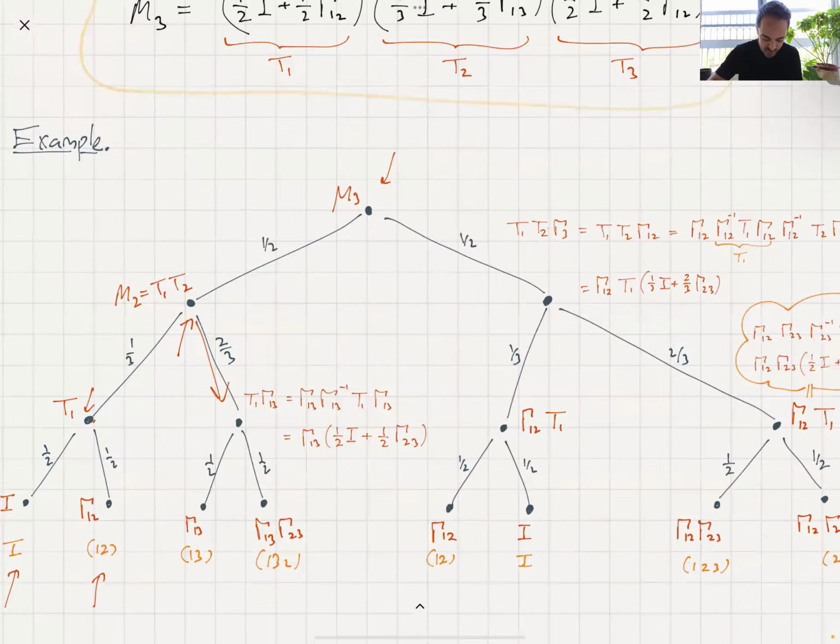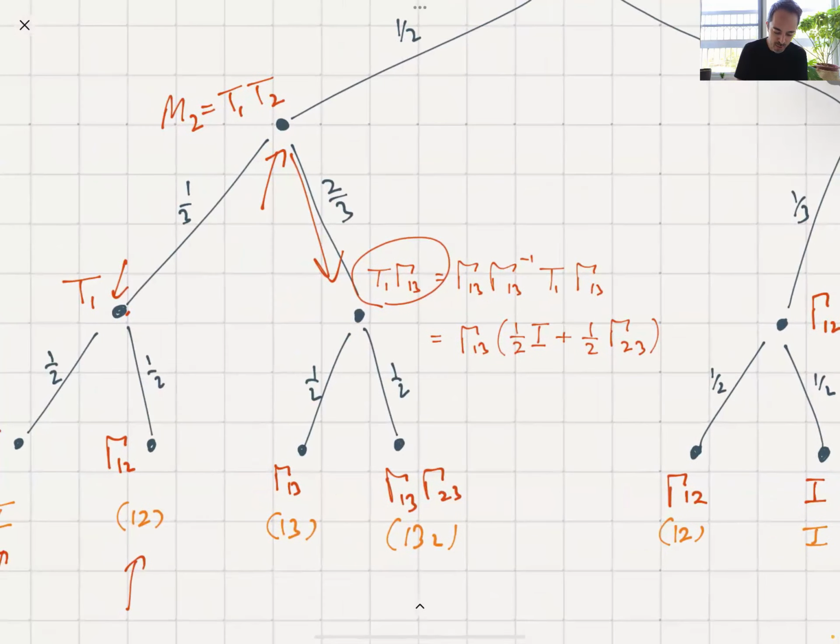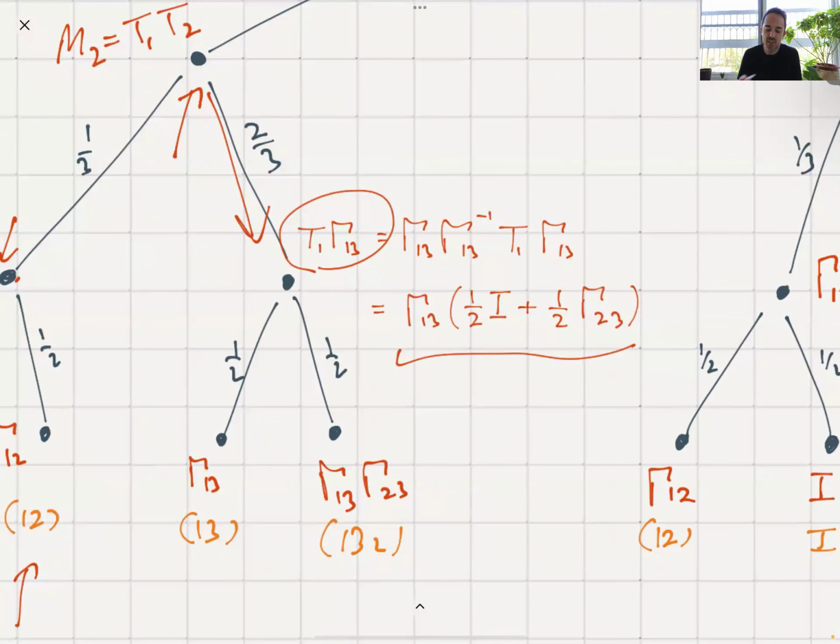Right, so what we did here was to write this thing in the good way to write it when you consider its sibling, but it's not a great way of writing it when you want to continue down the tree. When you write it this way, then you see what you need to take. So gamma 1 3 is going to be the distribution on the left leaf here, and gamma 1 3 times gamma 2 3 is the distribution on the right. The gamma 1 3 just carries over.